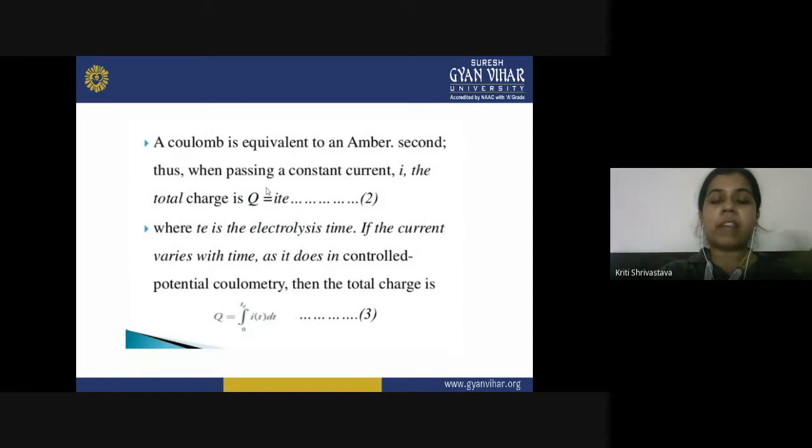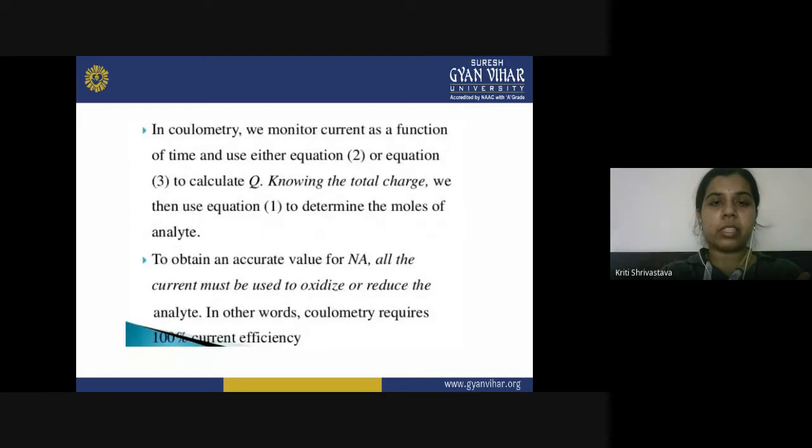We need to find Q because we want to calculate the moles of the analyte. So in order to calculate Q, we measure the current, and we can do that by integration. In coulometry, we monitor the current as a function of time, and we use equation 2, or equation 3, the latter in which we perform the integration.